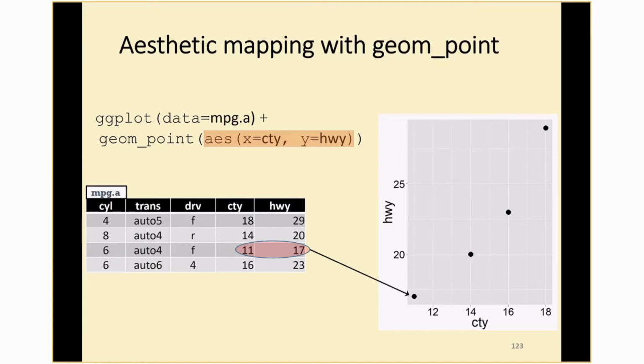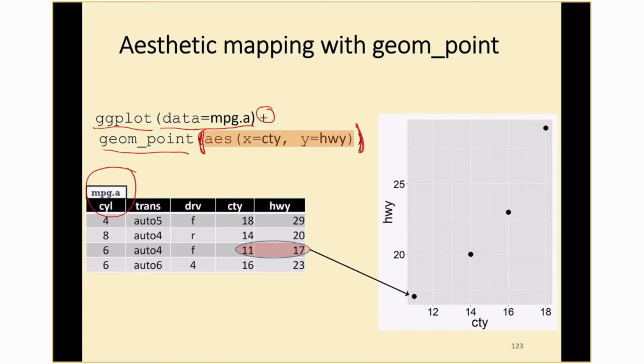So let's look at some aesthetic mappings in a very simple case. We're going to start off with a very simple data frame called mpg. There's our plotting function. We specify our data frame, data equals mpg. We add, with a plus sign, our geom. We want a scatter plot, so we use geom_point, with its opening and closing parentheses.